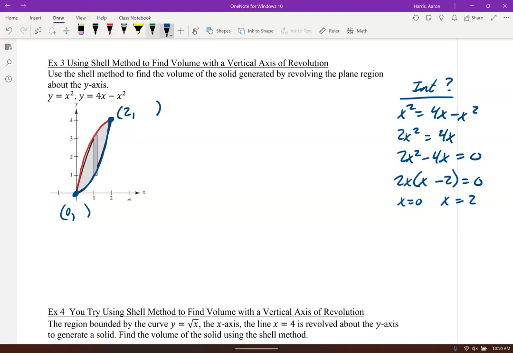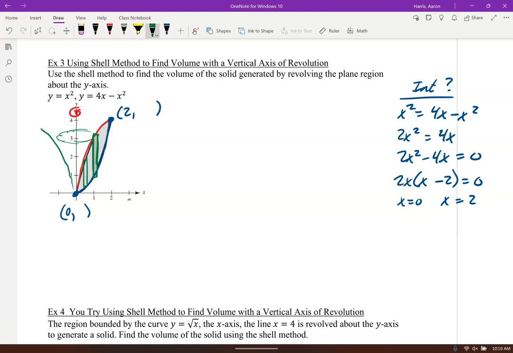And let's set this up. So this thing's going to be revolved about the y axis. So we slice it parallel to that y axis so that we can spin that cylinder around, right? So we spin that thing around, and we're spinning all of these things around.